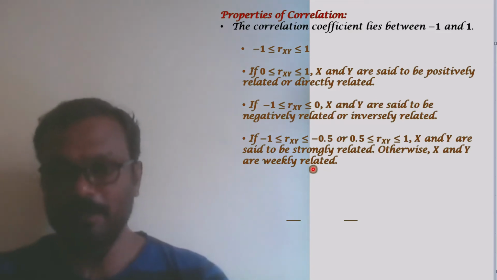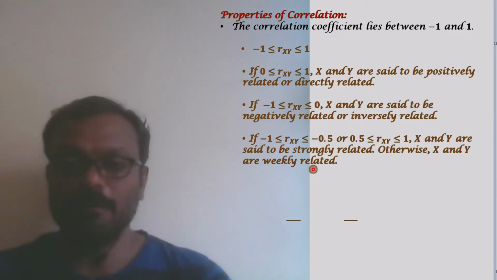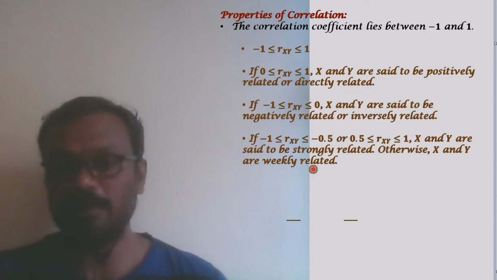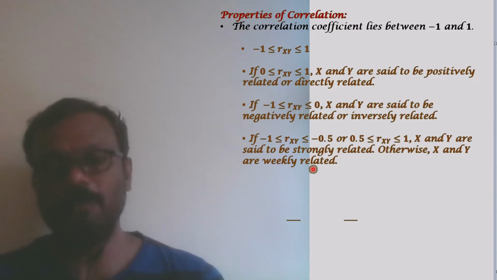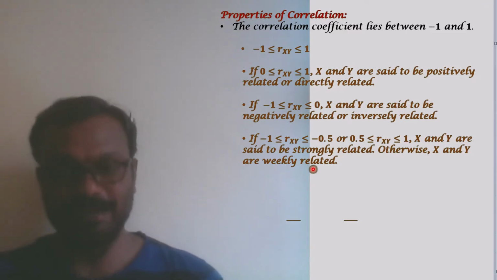strongly related. If you plot the scatter diagram, the points will be very dense along a particular curve or a straight line. Mostly Karl Pearson's is what we call the linear coefficient of correlation, so the points will be aligned along a straight line. All the points (x, y) will be very close to a straight line.